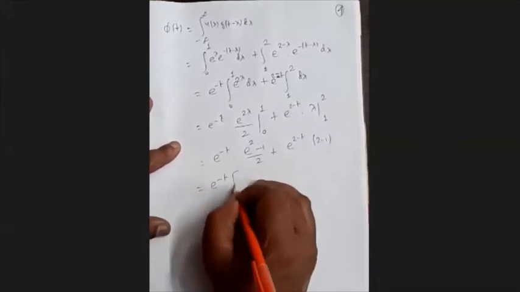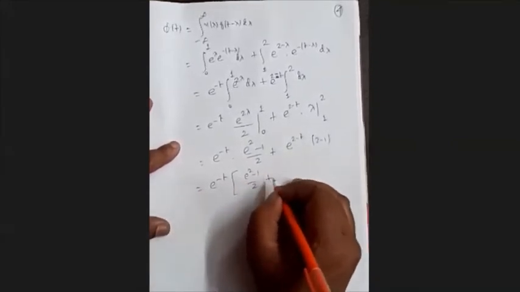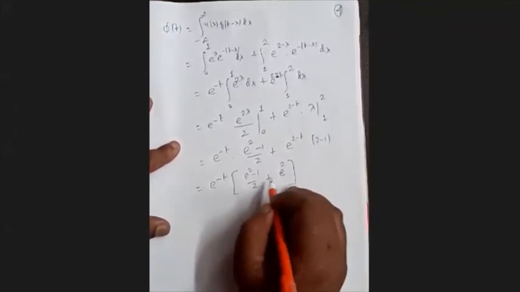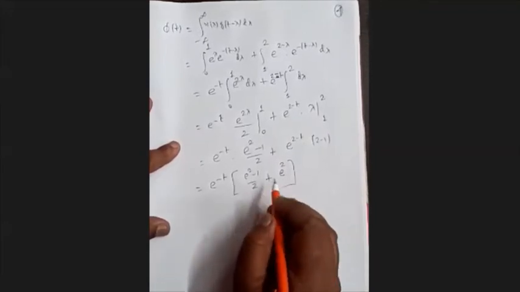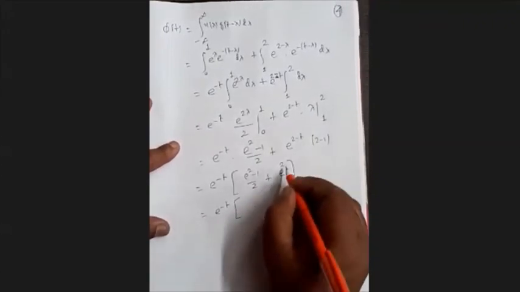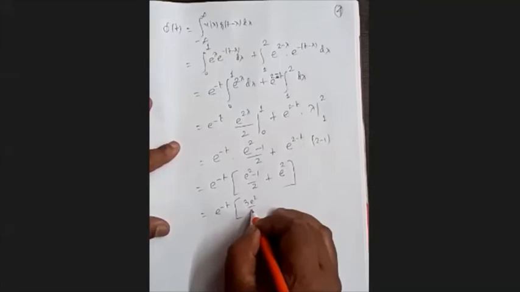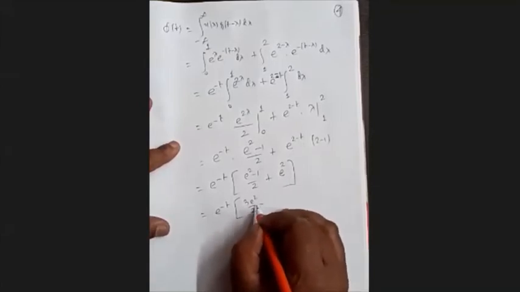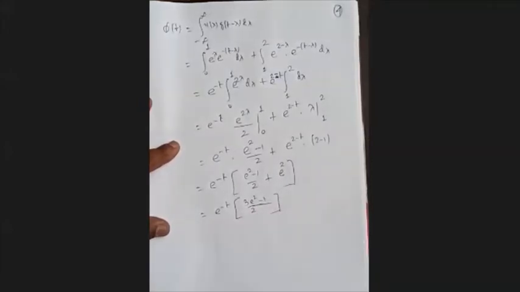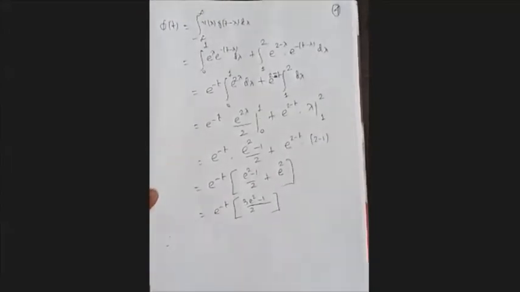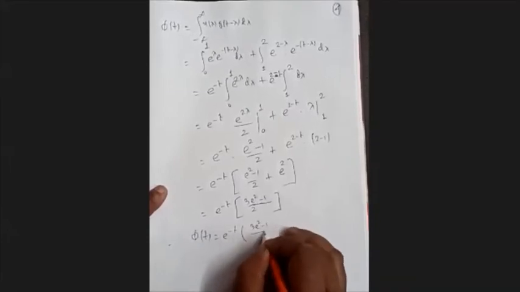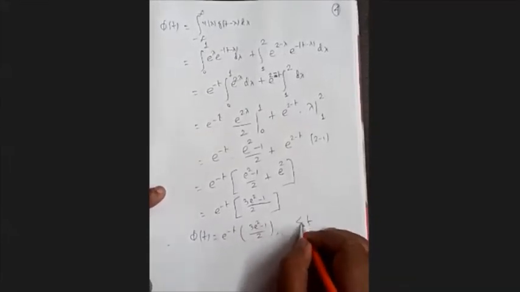So it is e to the power minus t, e square minus 1 by 2 plus e square. So you can simplify it. It will be e square by 2 plus e square, so 3 e square by 2 minus this one. So our phi t equals this, where t is in between 2 and 4.